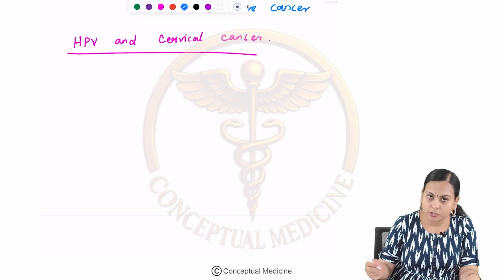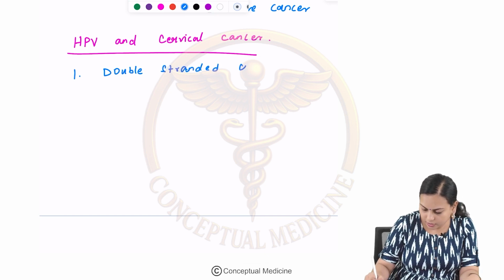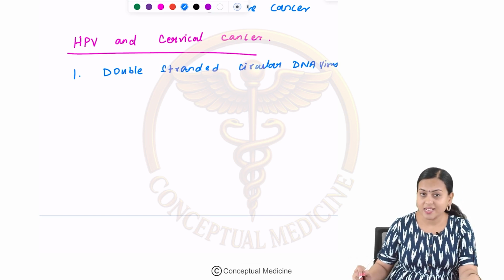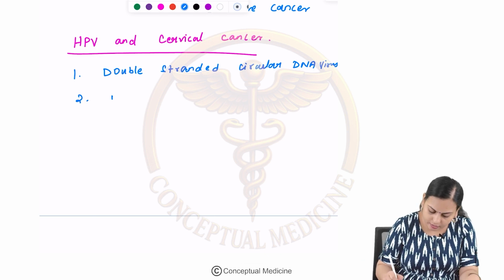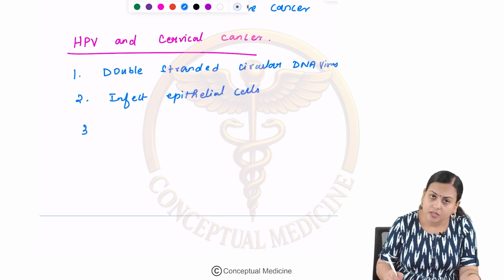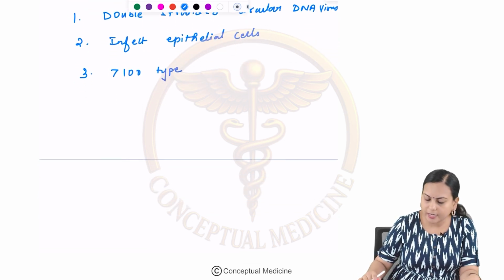Now, let us discuss HPV and cervical cancer. HPV is a double-stranded circular DNA virus, and it is known to infect epithelial cells. There are more than 100 types of HPV identified.